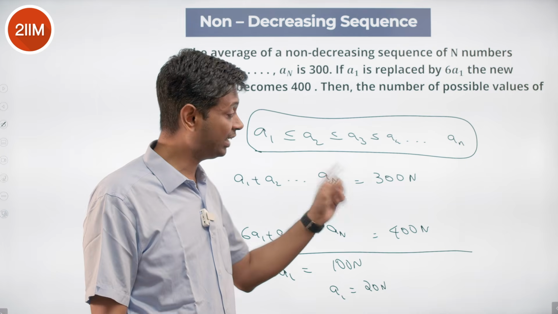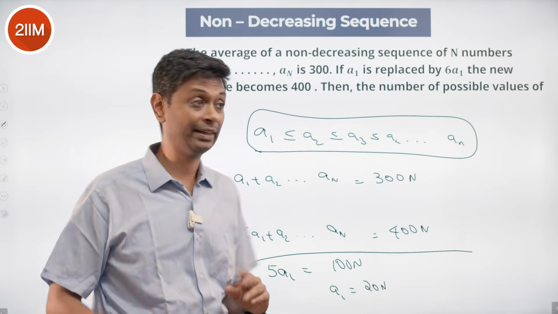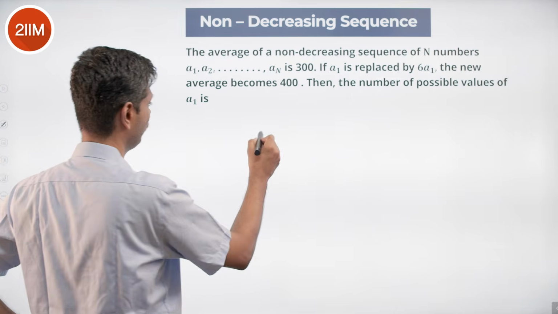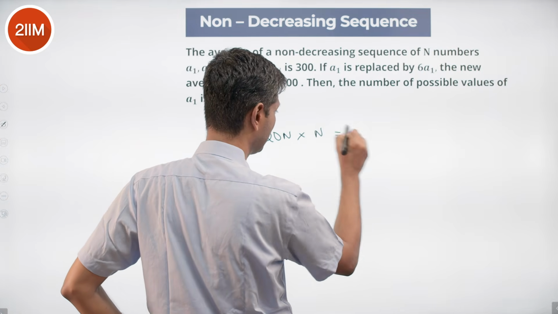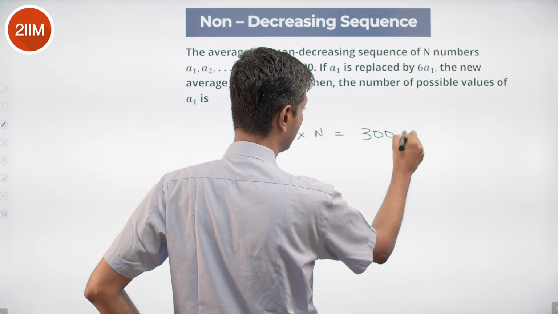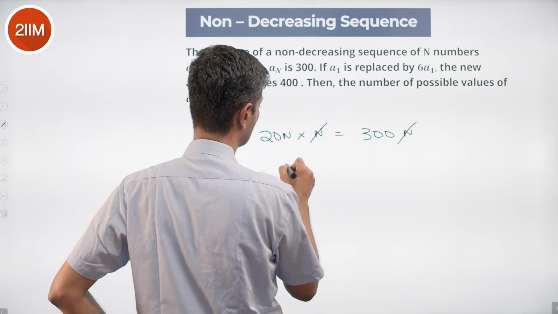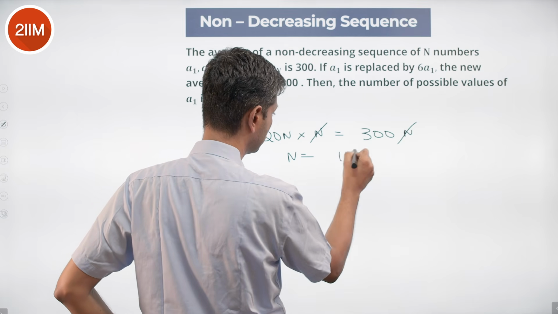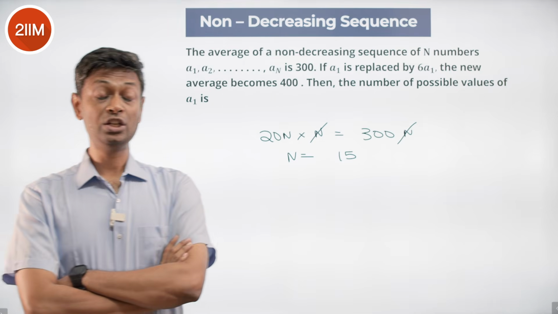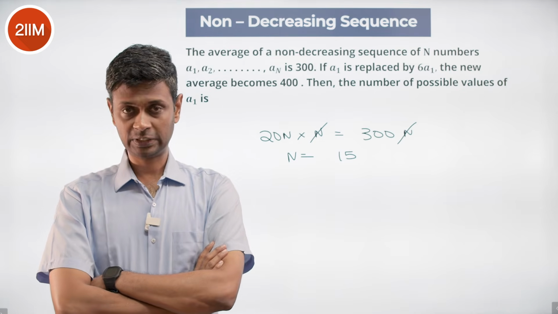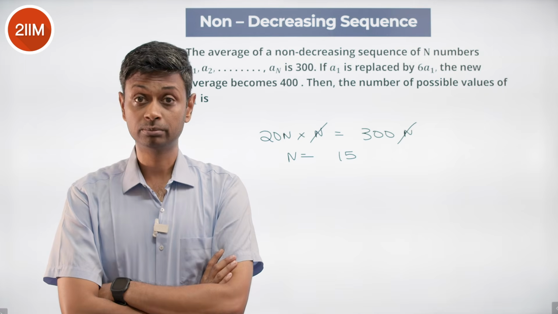In that situation, adding up to 300, let's find what value n can take. Or we say 20n into n, all of them are equal, we get to 300n, or n is 300 by 20, which is 15. If n were 15, then each of the quantities could be 20, and adding all of them up, we'll get 300n. Brilliant.